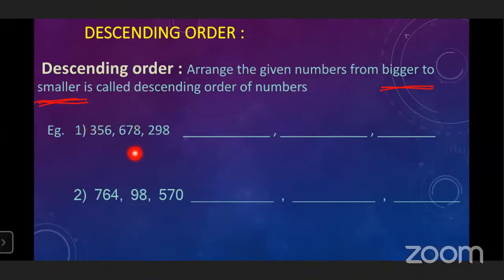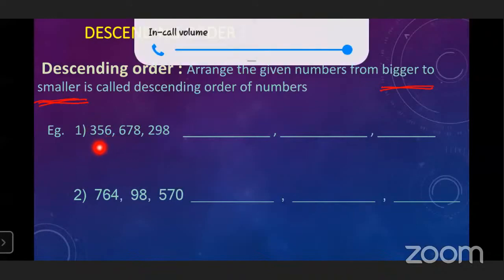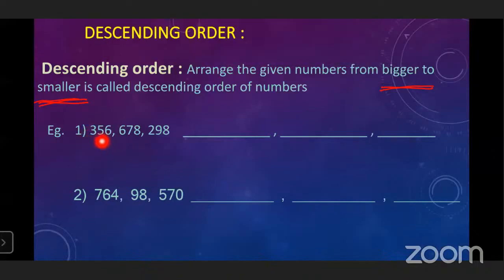Which one is the bigger number from these given numbers? Here also you have to use the same technique, which we used in ascending order. These three numbers are given: 356, 678, and 298. You have to find the bigger number from these three numbers.